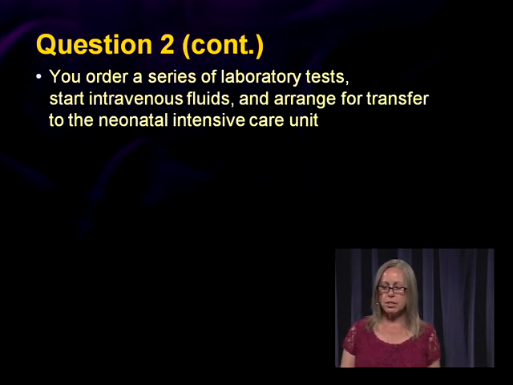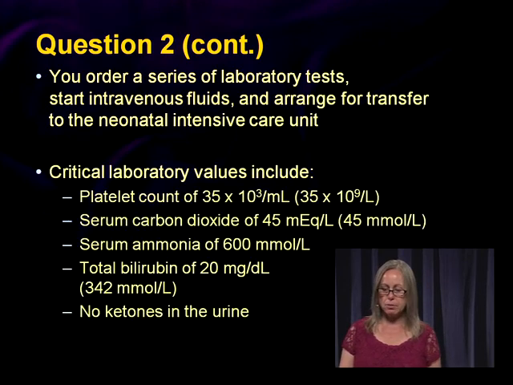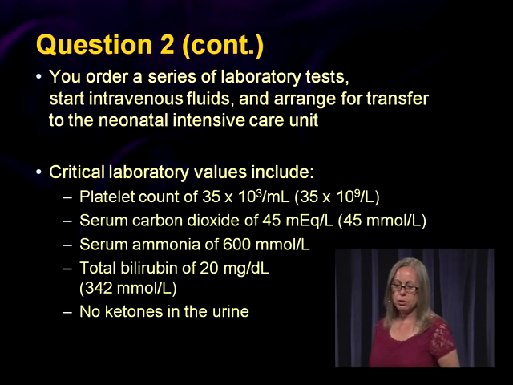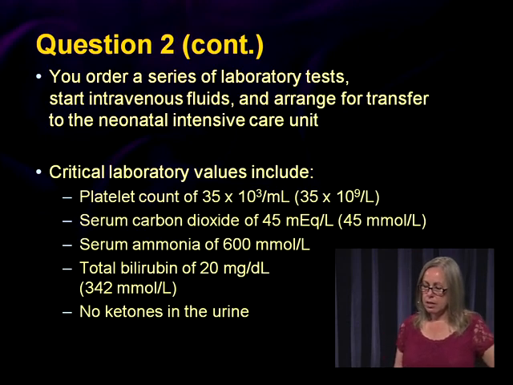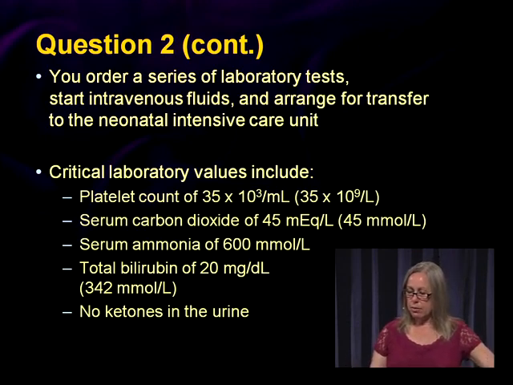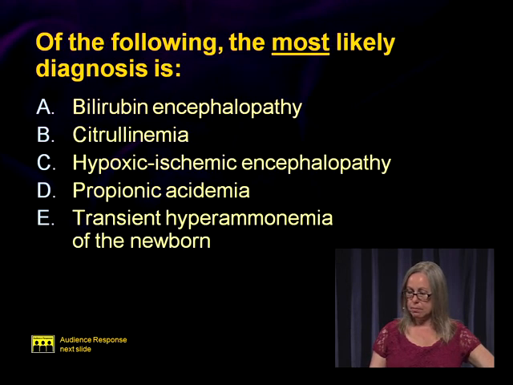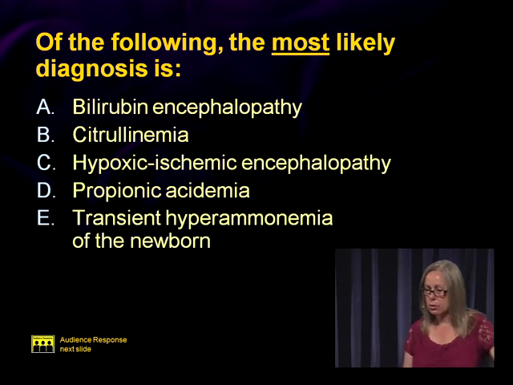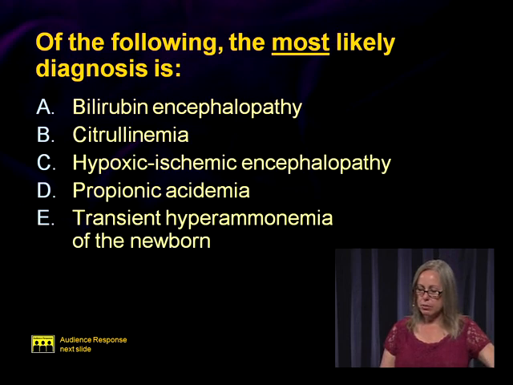You order a series of lab tests, start IV fluids, and arrange for transfer to the neonatal intensive care unit. Your lab values include platelets of 35, carbon dioxide of 45, ammonia of 600, total bili at 20, and no ketones in the urine. The most likely diagnosis is bilirubin encephalopathy, central anemia, hypoxic ischemic encephalopathy, propionic acidemia, or transient hyperammonemia of the newborn.